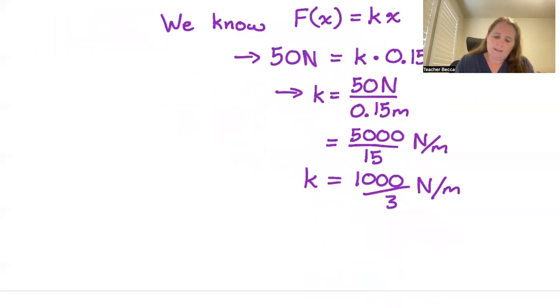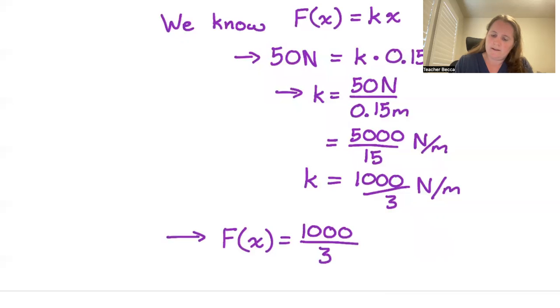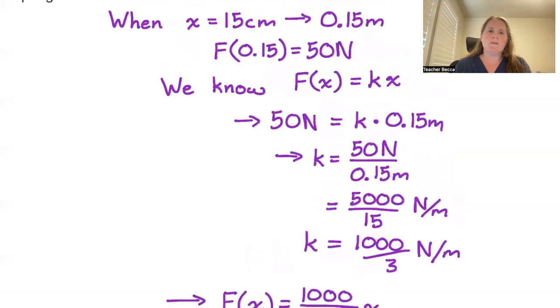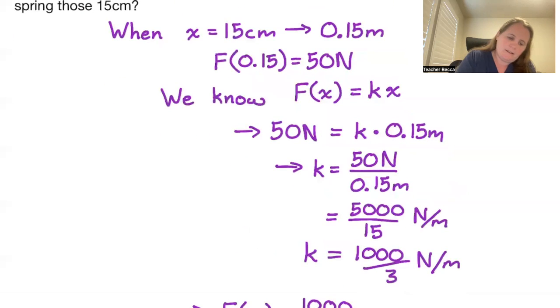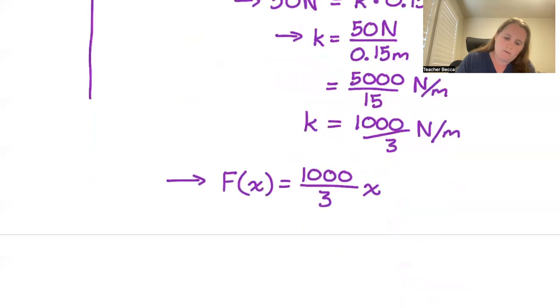So that first sentence tells us that F of x is equal to 1,000 over 3 times x. So note, all of this here comes from the first sentence.